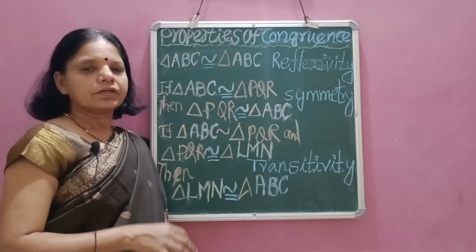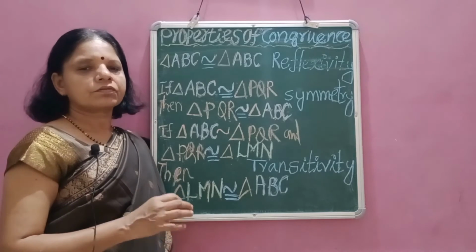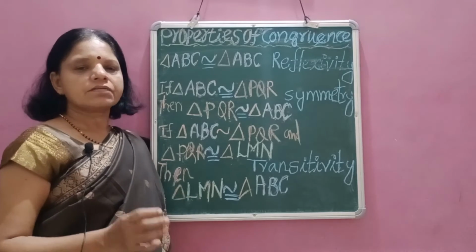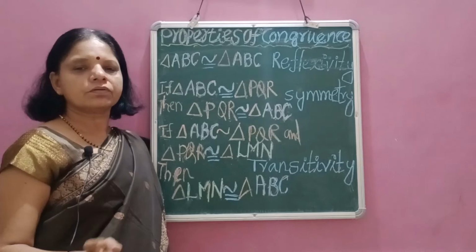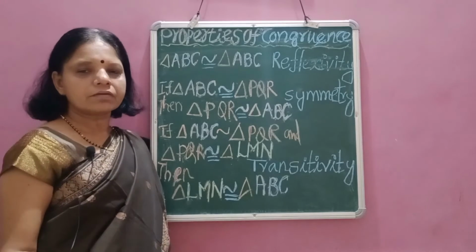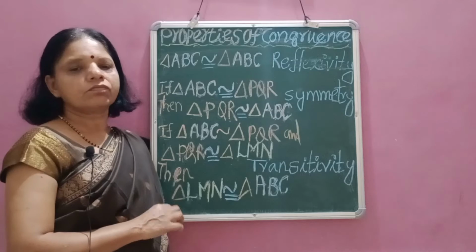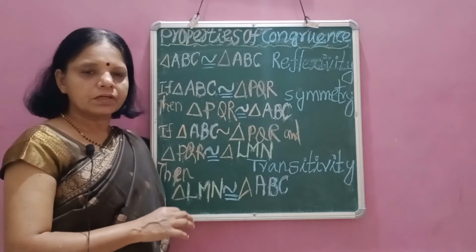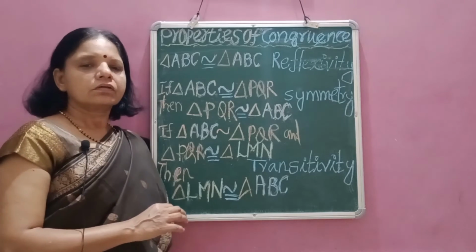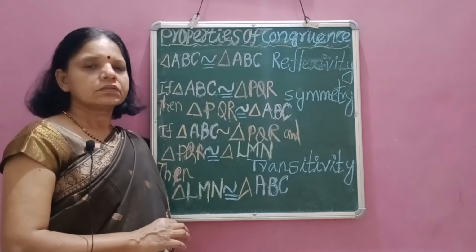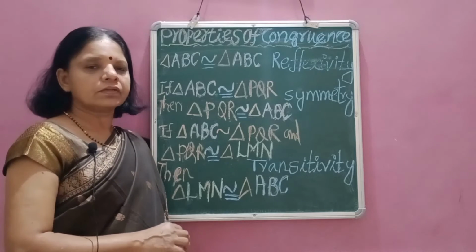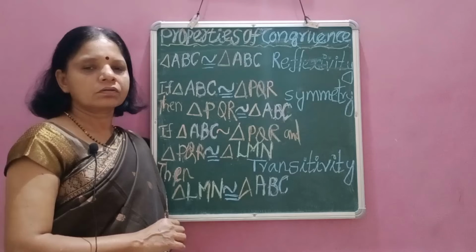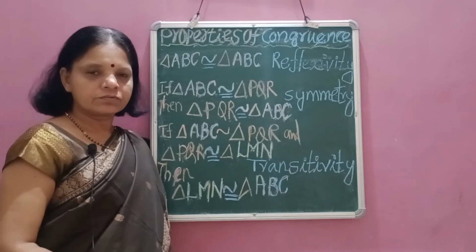If a line segment is congruent to a second and the second line segment is congruent to a third, then the third line segment is congruent to the first. So similarly, all geometrical figures have the property of congruence, for angles also.